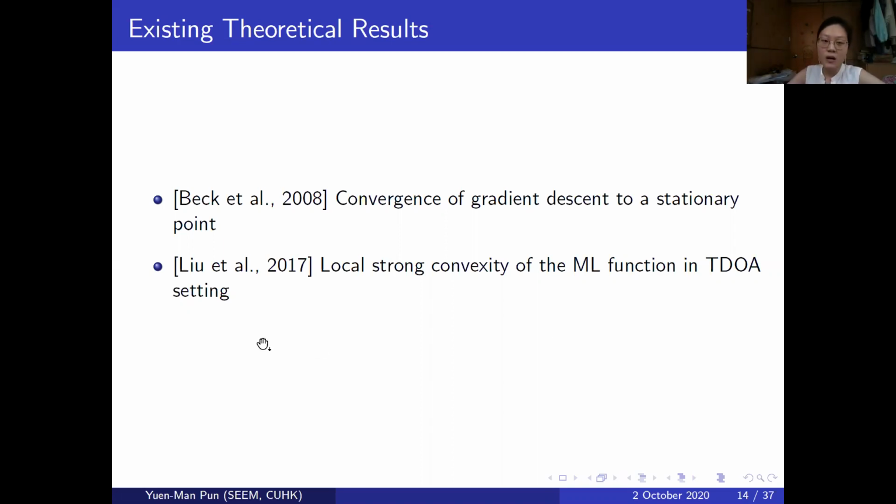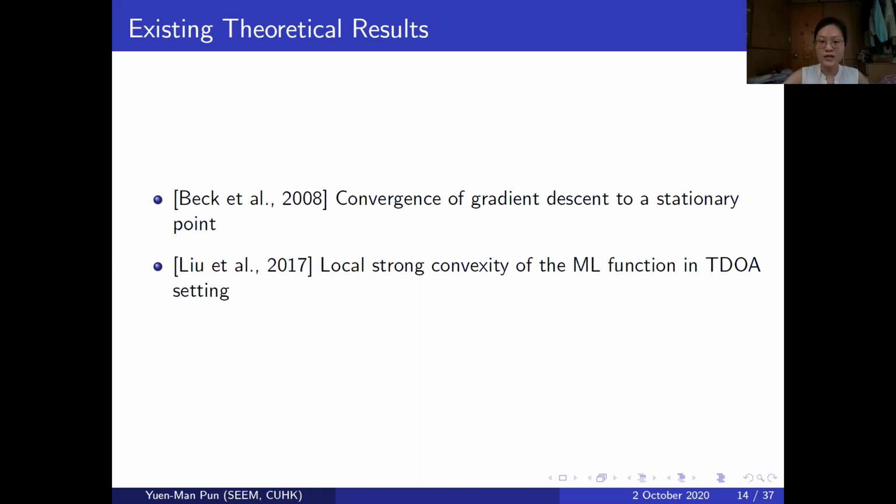A popular one is Beck's work, which shows that gradient descent converges to a stationary point of the ML function of TOA-based localization, and proves some sufficient descent as well. Later, in our work with Hui Kang, also a member of our group but now at Imperial, we developed the local strong convexity of the ML function in the TDOA setting.